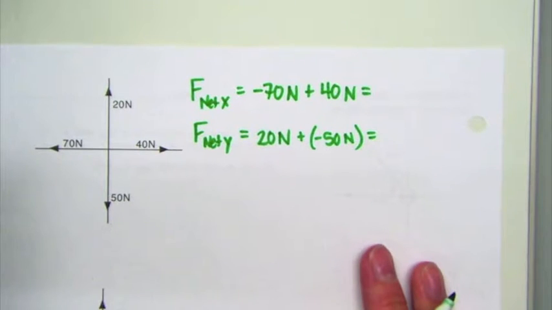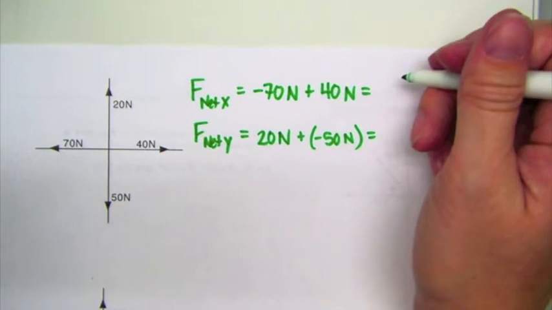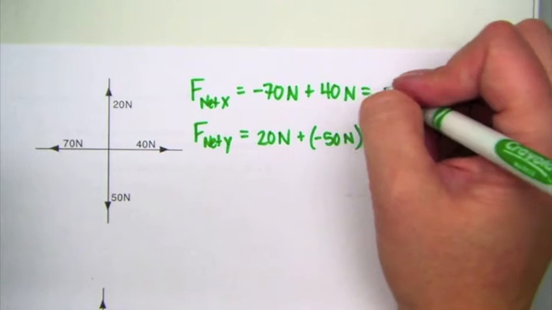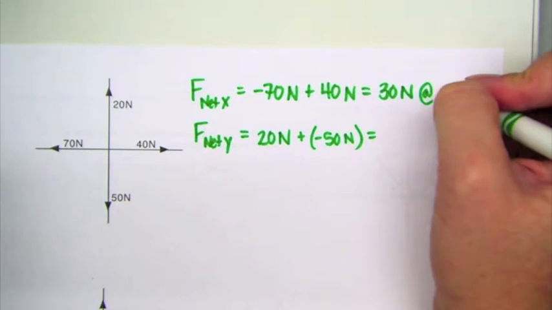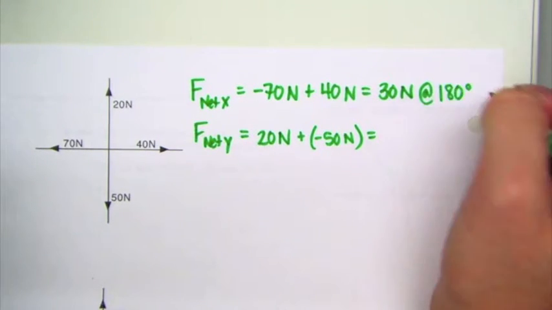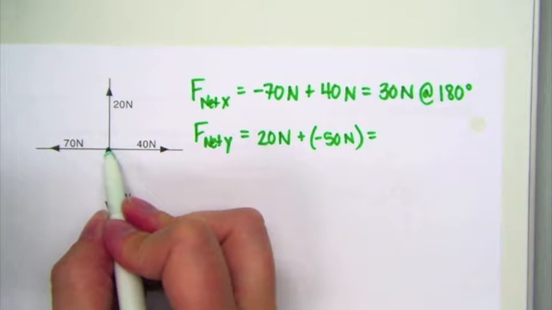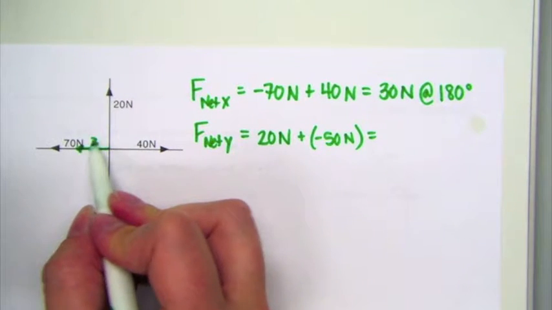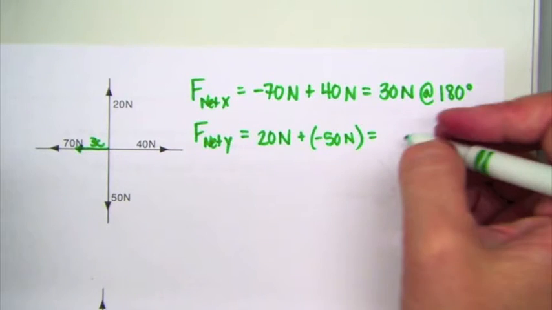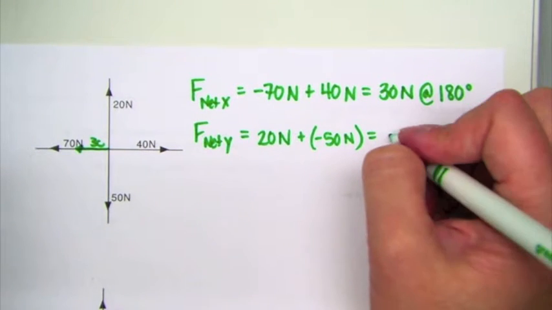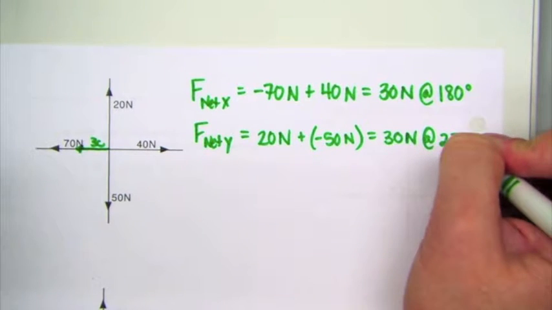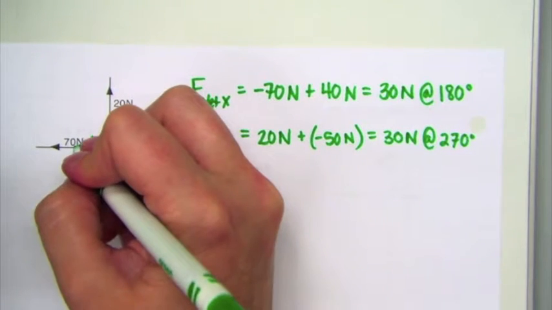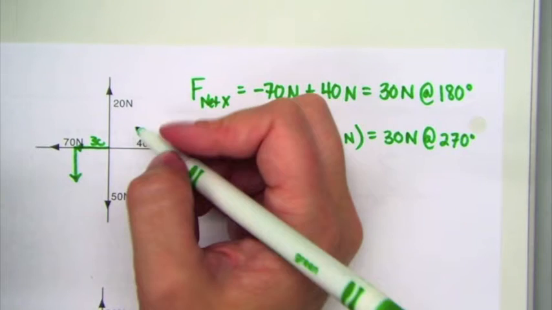So my answer in terms of angles for direction is going to be 30 newtons at 180 degrees. And what that means is I'm going to end up going left for 30 and 30 newtons at 270 degrees, which means I'm going to end up going down.